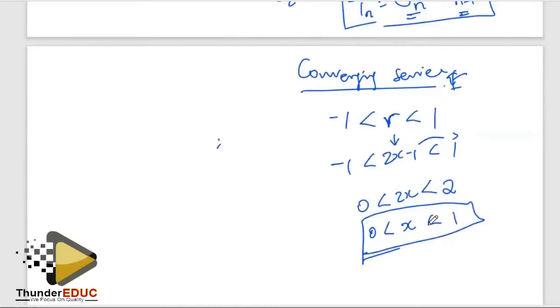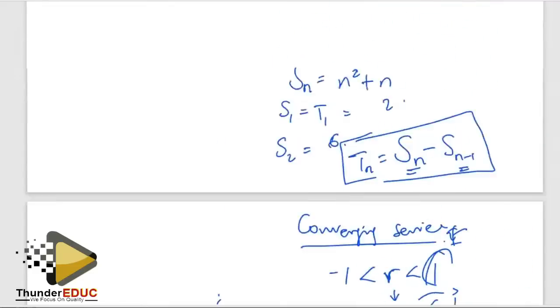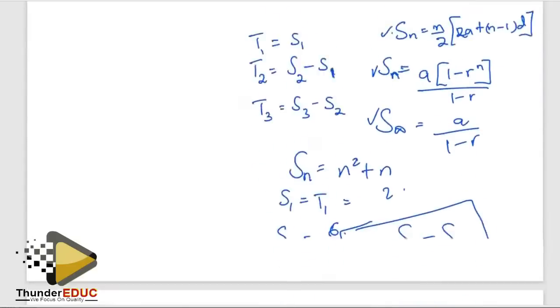But then for a series to become bigger, or to diverge, your r has to be greater than this 1. If this was a number, maybe a 4, then r has to be greater than 4 for that sequence to diverge or become bigger.